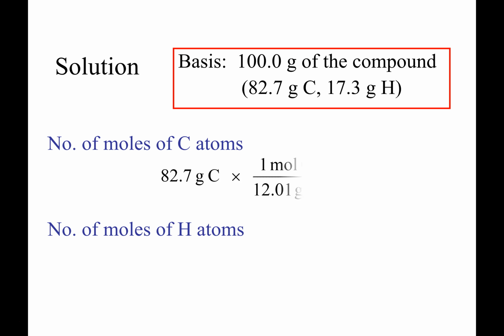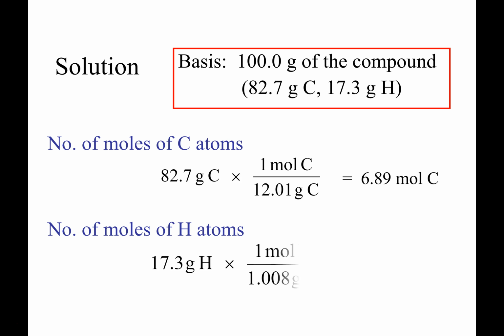So I would add my third column, moles. If it's organized in a table, I don't have to put C because I know it's in that row. So I could just put 82.7 grams over 1 times 1 mole over 12.01 grams for carbon, 3 sig figs, and you're looking at 6.89 moles of carbon.